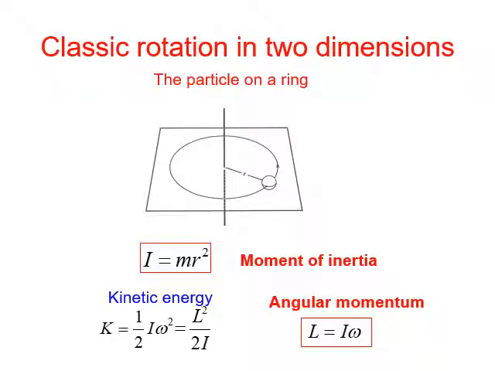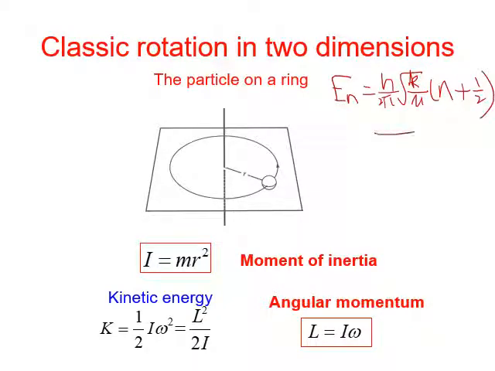In the last section, we studied diatomic molecule vibration, and the solution to the Schrödinger equation of the harmonic oscillator gives you allowed energies that are determined by quantum number n: h divided by 2 pi times the square root of k over mu, times n plus half.